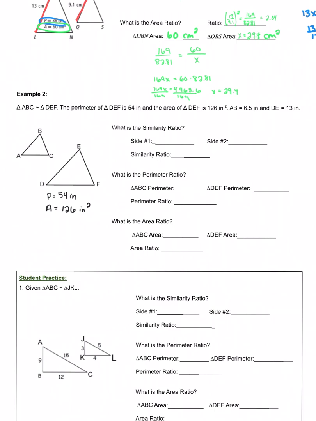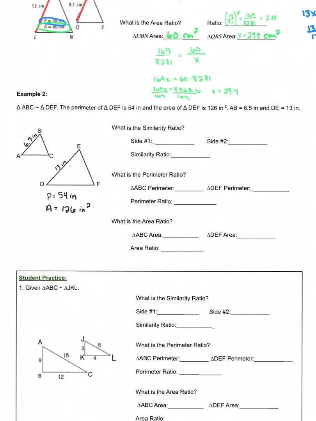Okay, let's go ahead and label our sides. AB is 6.5 inches, and DE is 13 inches. Okay. So now we're ready to go ahead and go through those same steps.